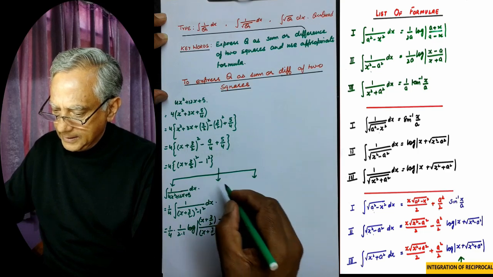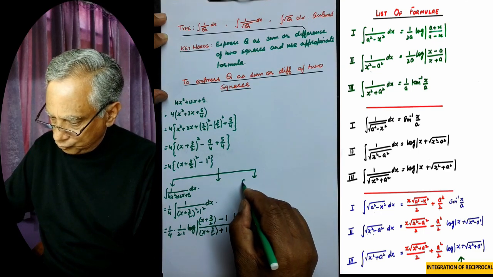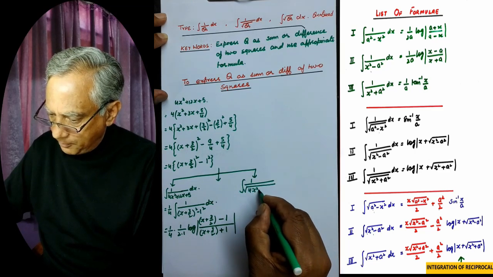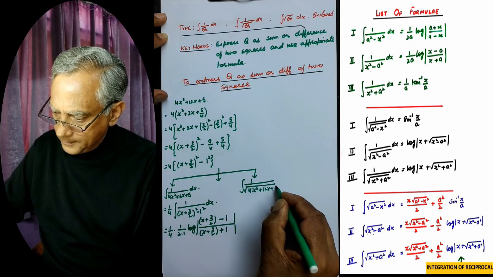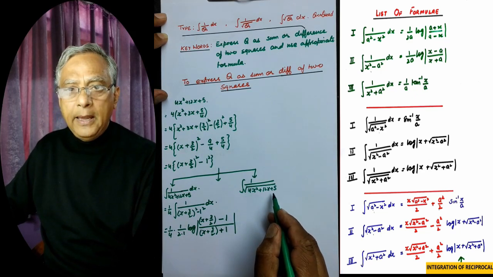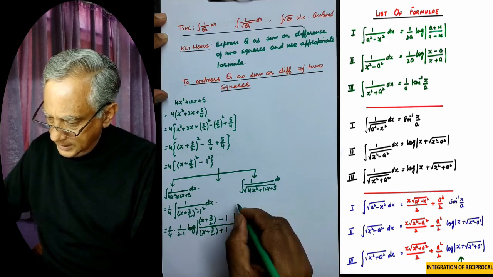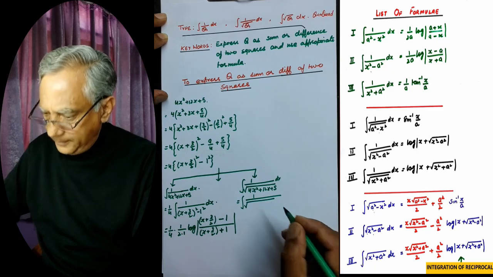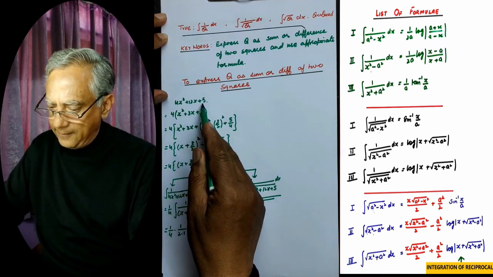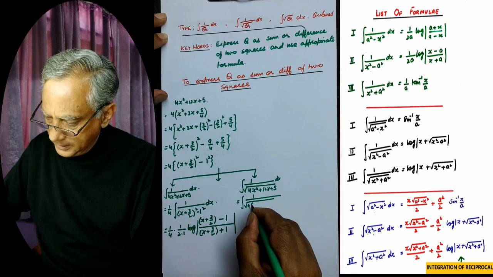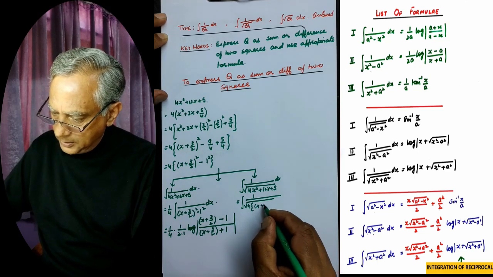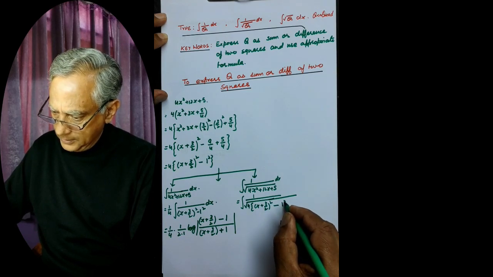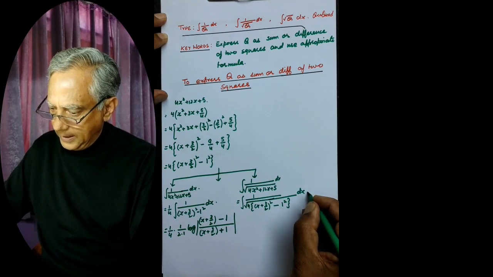And if it is, say, integral 1 upon under root 4x square plus 12x plus 5, then we will write this as integral 1 upon under the root, where 4x square plus 12x plus 5 can be written as 4 into x plus 3 by 2 whole square minus 1 square, dx.